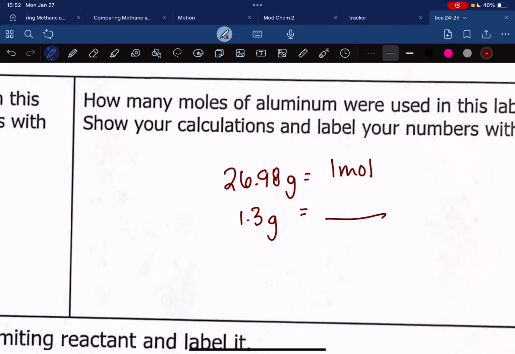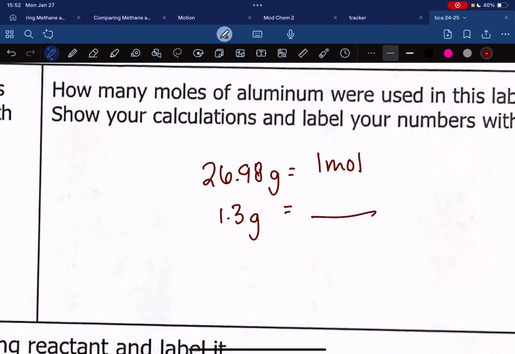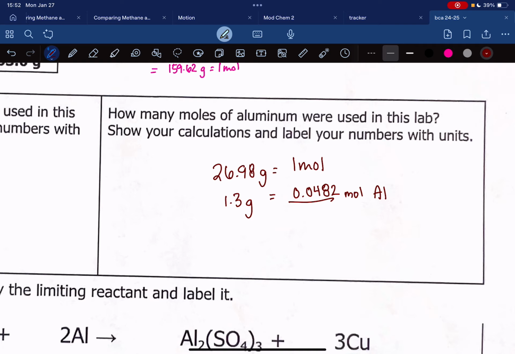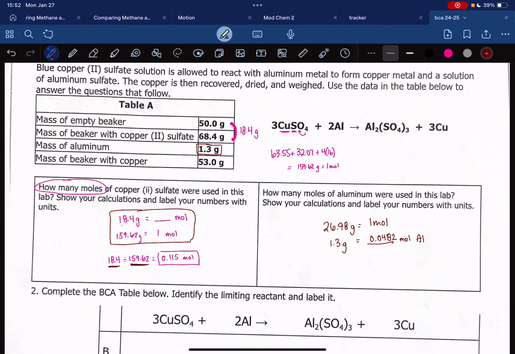Now, once again, I can tell that I have less than 1 mole because I have less than 26.98 grams. So I'm going to divide, once again, the smaller number divided by the bigger number. And I got 0.0482. And that is the number of moles of aluminum that I have before my reaction happens. That's what 1.3 grams is.